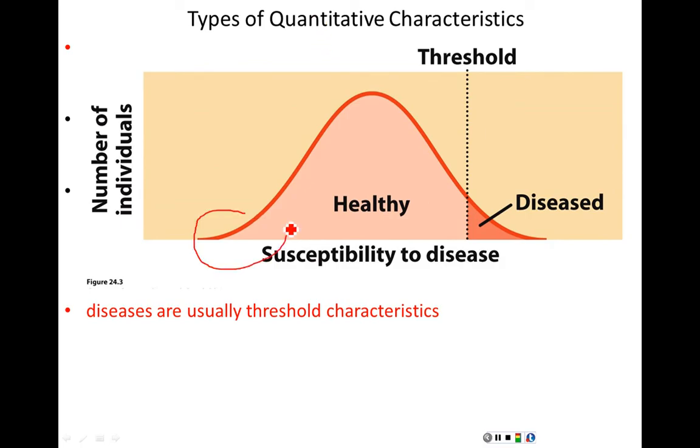These people on this end of the continuum are very, very healthy and very, very far away from disease. These people, on the average of the spectrum, are quite healthy and still quite far away from disease. These people on this end of the spectrum are still healthy, but they really are just a toe away from developing the disease.